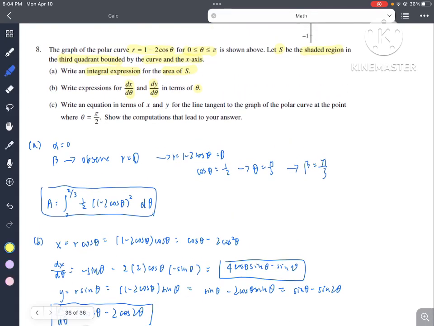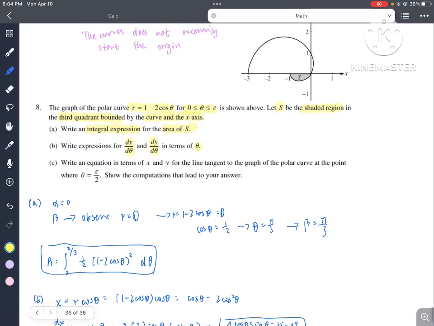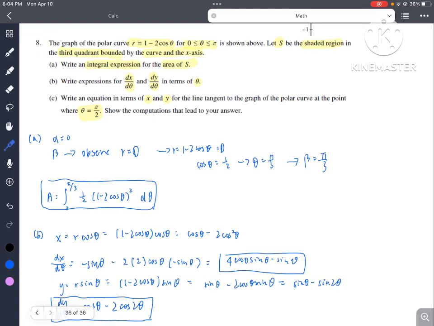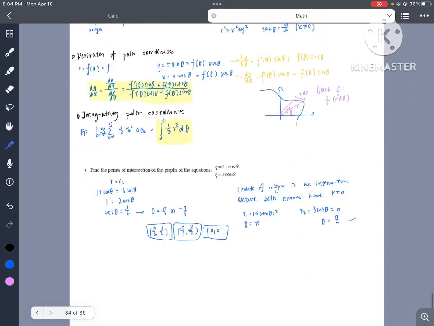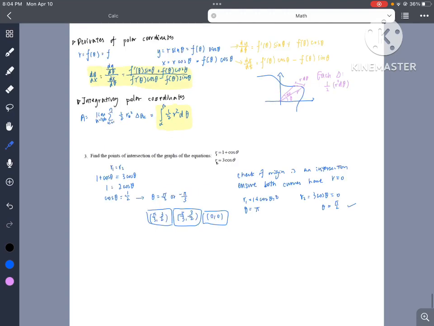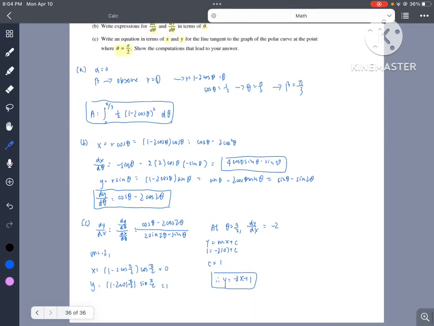Now, that was question B, and now to the last sub-question. Great. Let's try to find the equation in terms of x and y for the tangent. In B, we have obtained dx d theta and dy d theta, and recall at the start of the video, we said this is how we find the first derivative.